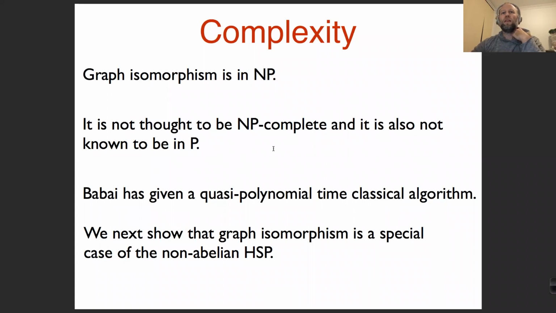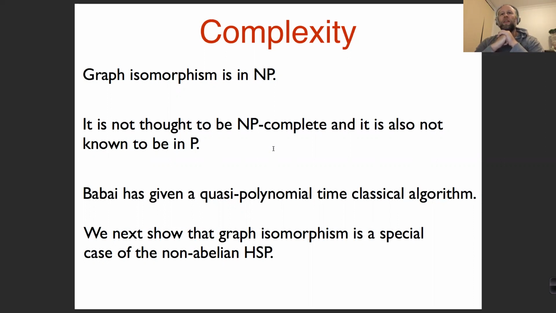Okay, so NP, we'll talk about complexity in the very last lecture, but NP is thought to contain some hard problems, problems which cannot be solved efficiently.